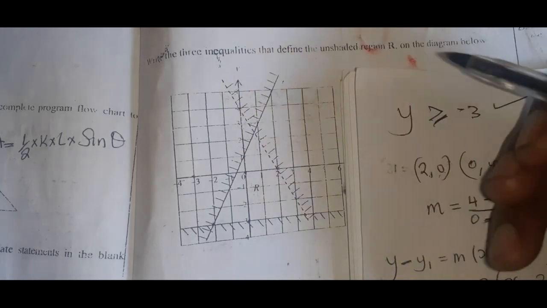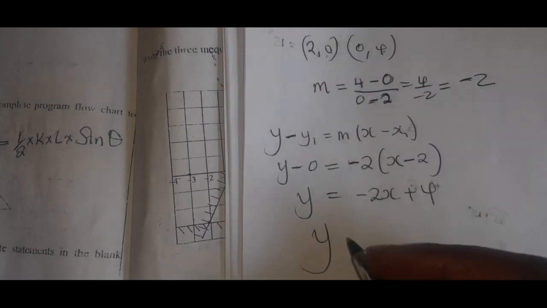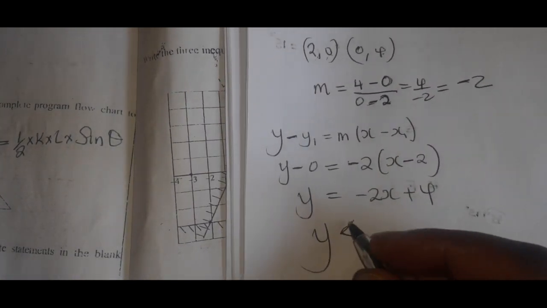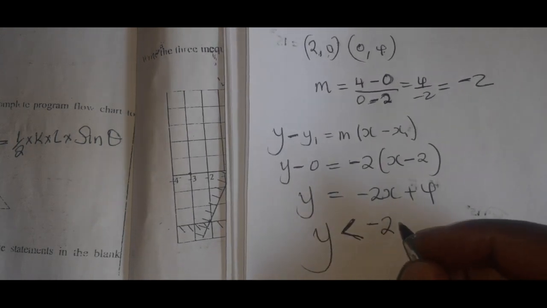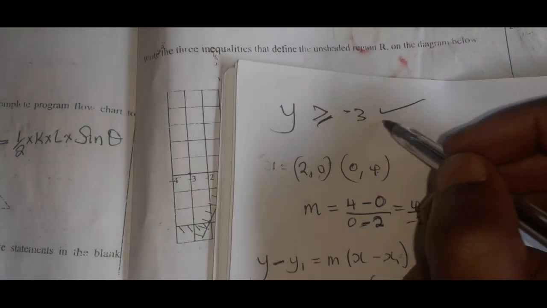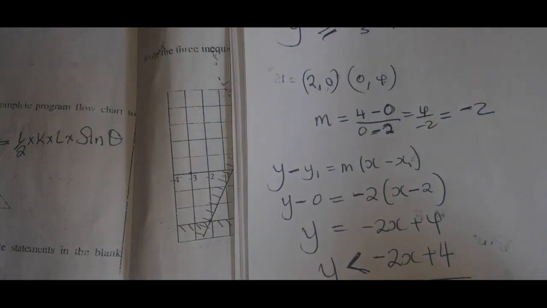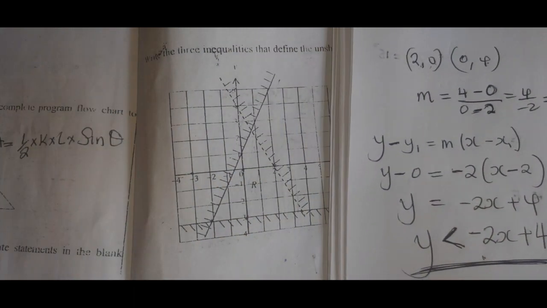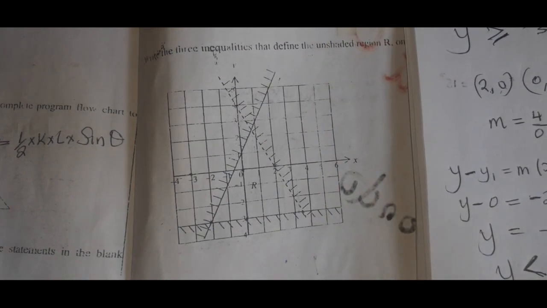So it's going to be y is less than, not equal to, because that is dotted there. This is the second inequality. The first one is this one, the second one is this one. Then we do the last one.